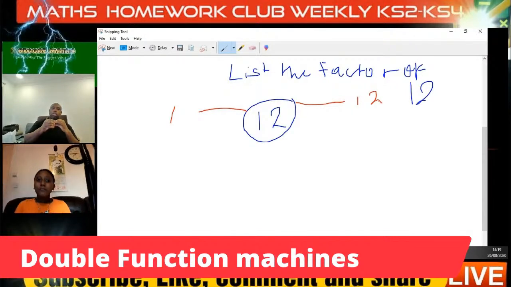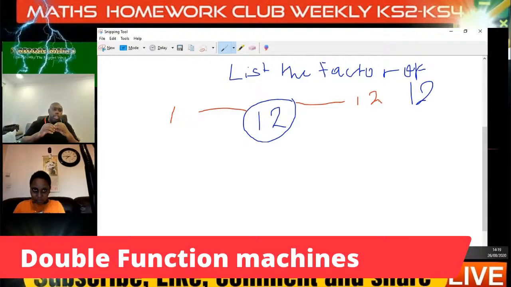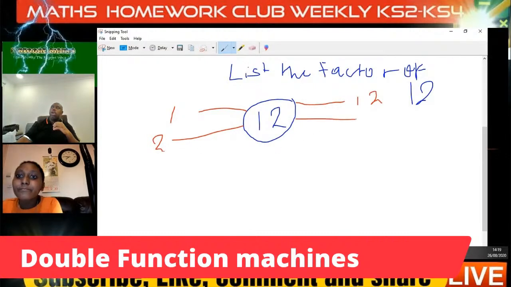What other number? Factors of 12, Denzel. 2. Right. 2 times what equals 12?